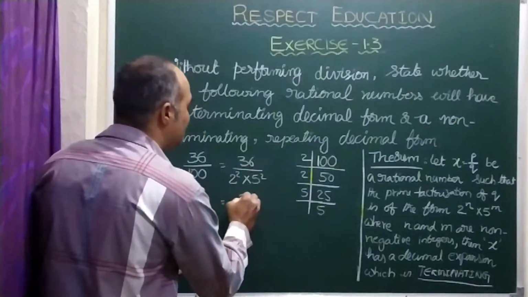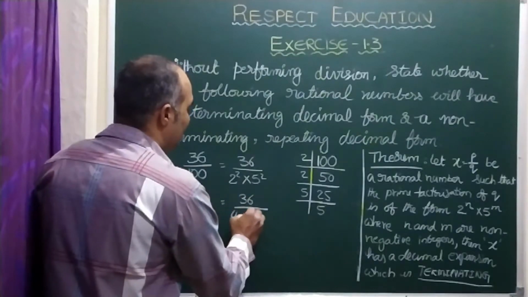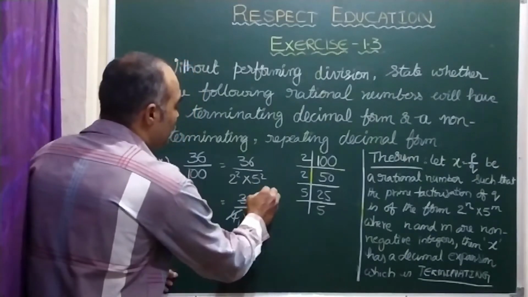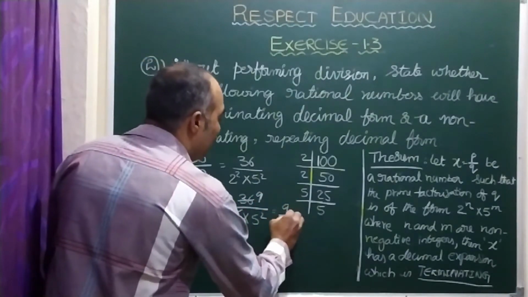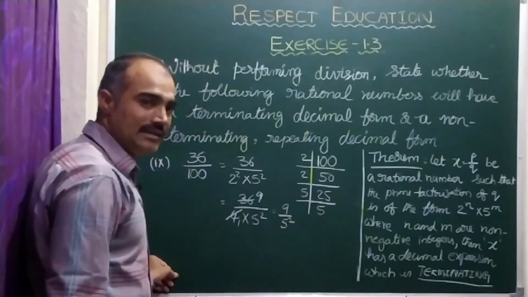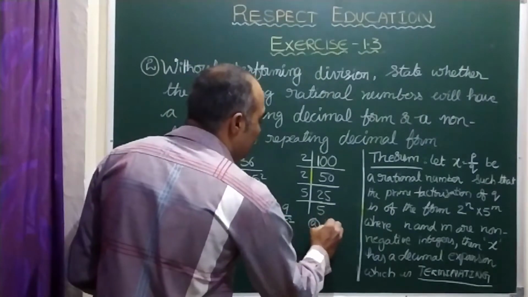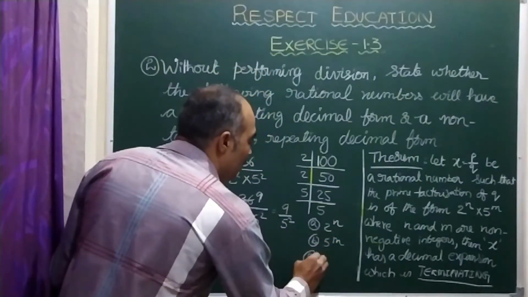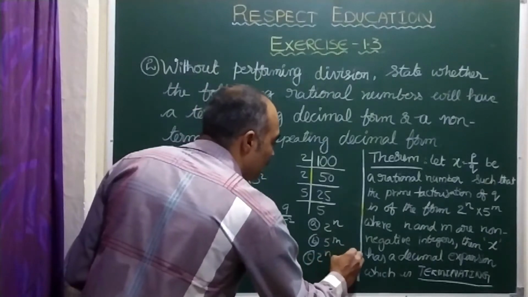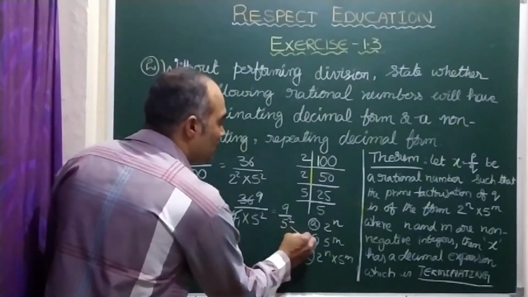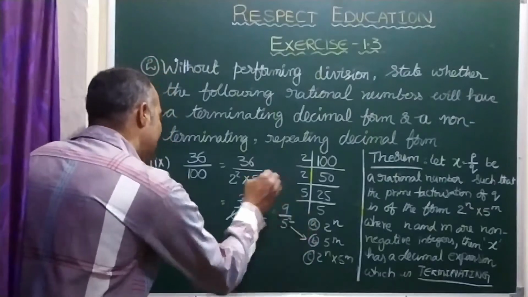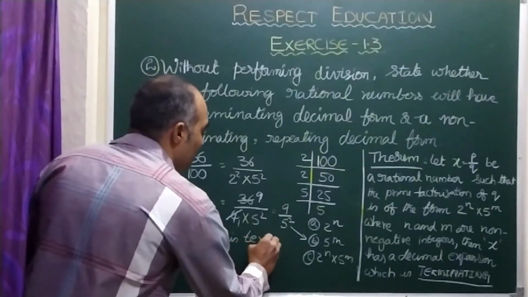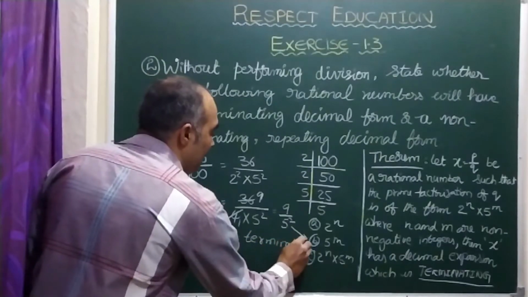I am writing for your convenience: it is 4 into 5 square, so 4 1s are 4, 4 9s are 36, right? So it is 9 by 5 square, right? As we have discussed in 3 cases, if it is in the form of 2 power n, or in the form of 5 power m, or in the form of both 2 power n into 5 power m, so this coincides with the second case. So by that way also you can say it is terminating decimal form.